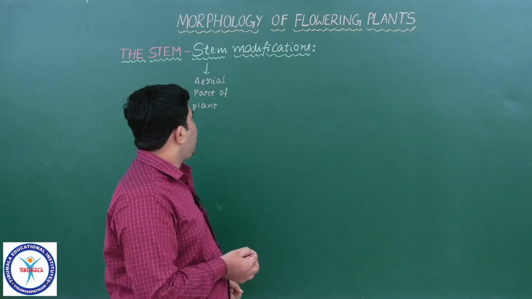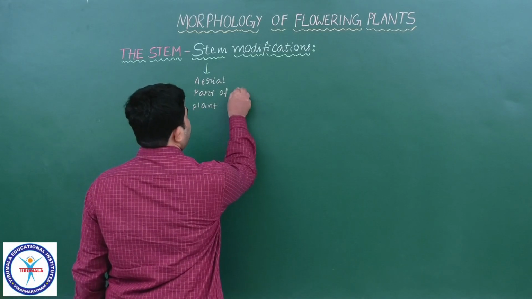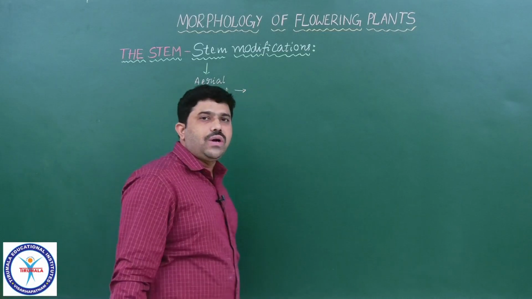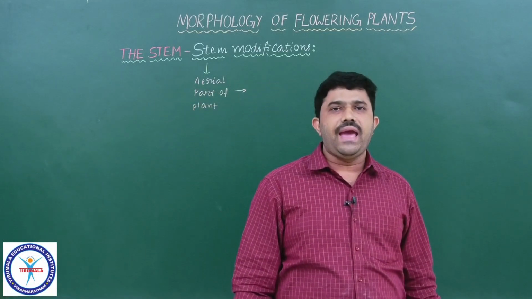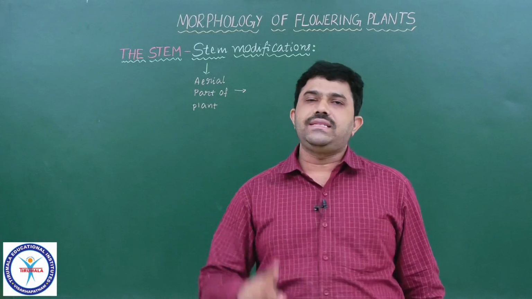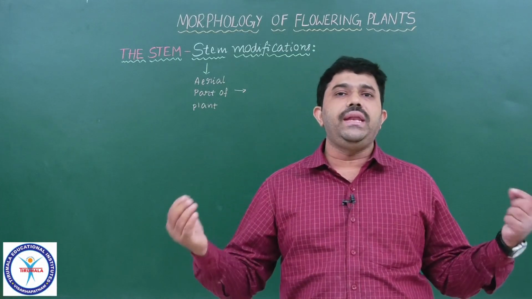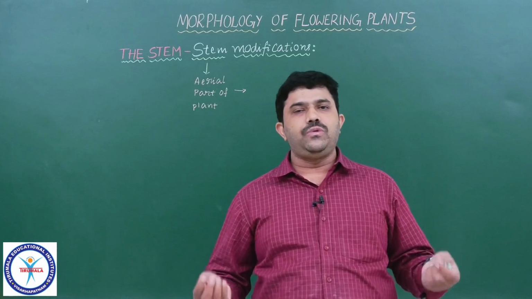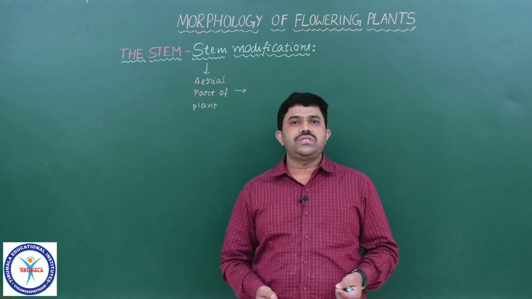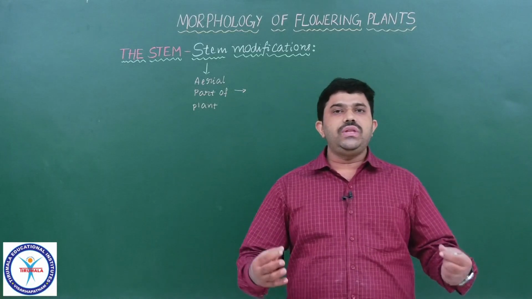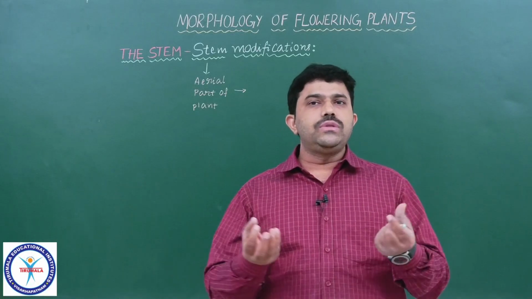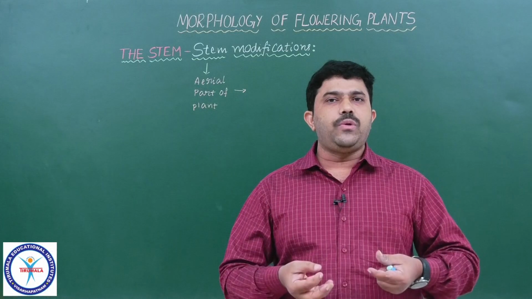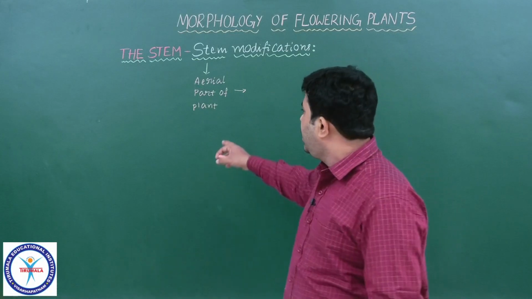So the stem grows towards the light as a vertical axis, bearing different plant organs like leaves, flowers, fruits, and also branches. All of these organs of the plants are supported by the plant axis called stem.